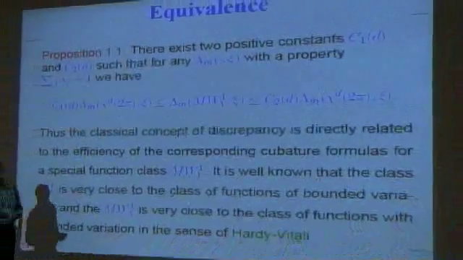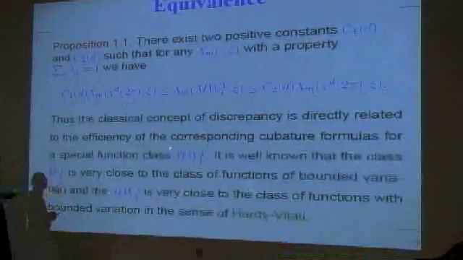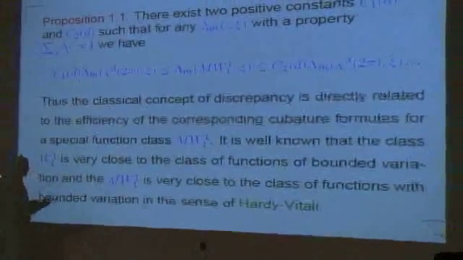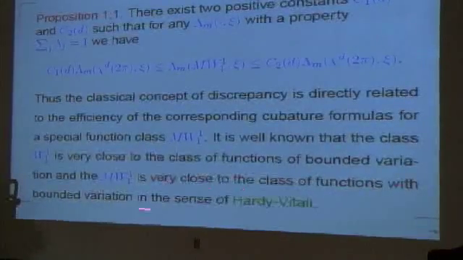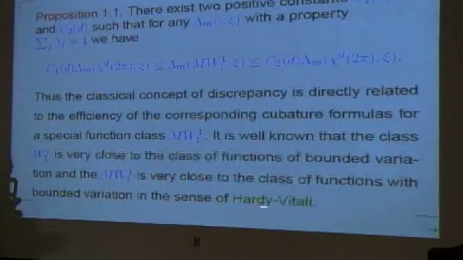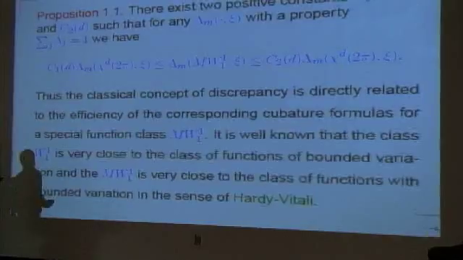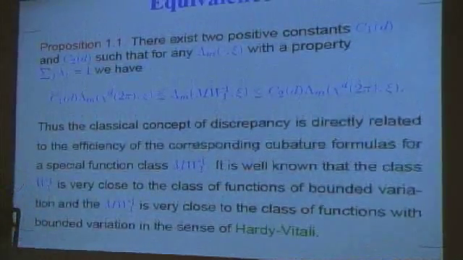As a matter of fact, in the univariate case, these classes are very closely related to the class of functions with bounded variation, and the multivariate generalization to the class of functions with bounded variation in the sense of Hardy-Vitali. This definition goes back to the beginning of the 20th century. So these classes in this sense are very old.